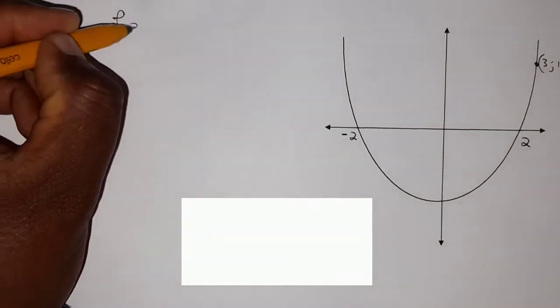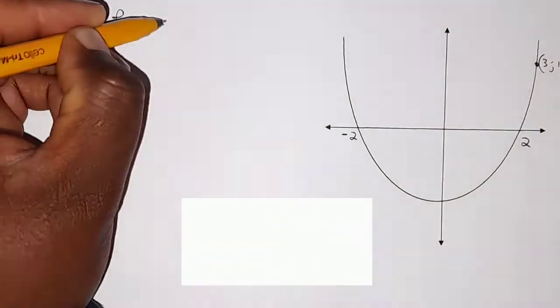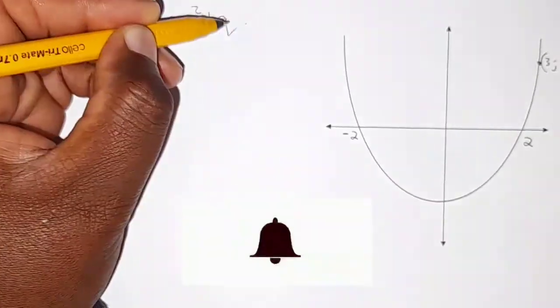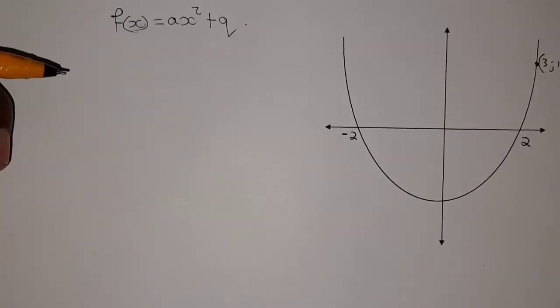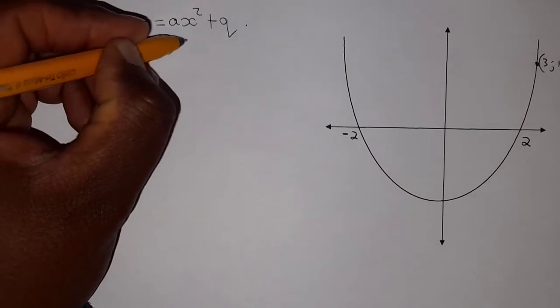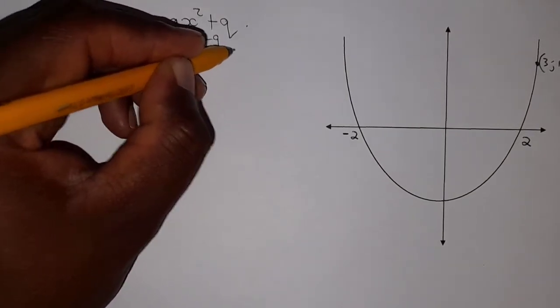So it's f of x is equal to a x squared plus q, that's y is equal to a x squared plus q.